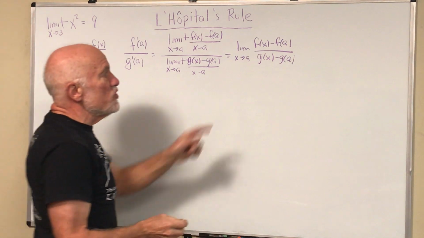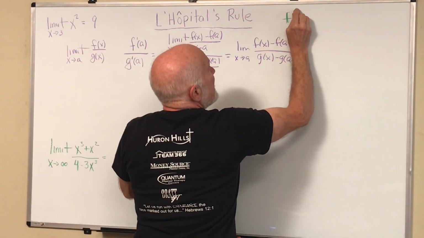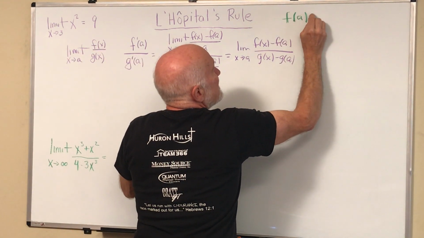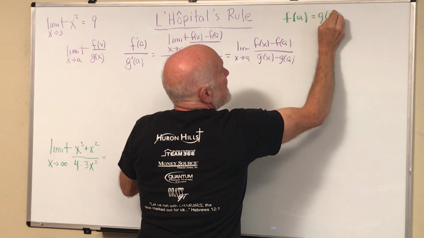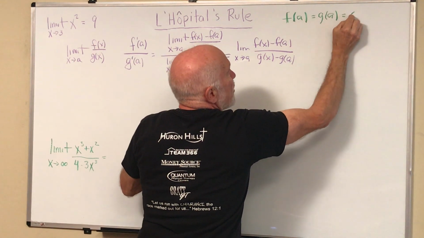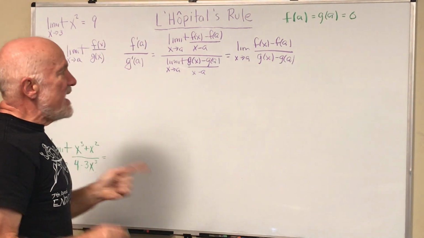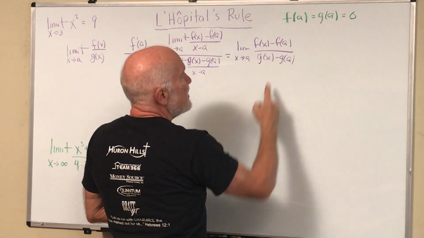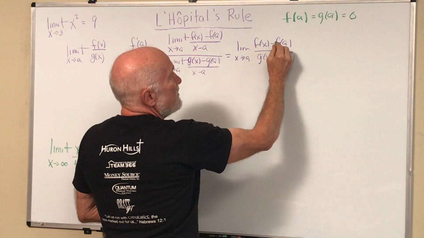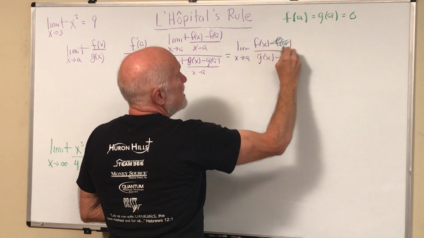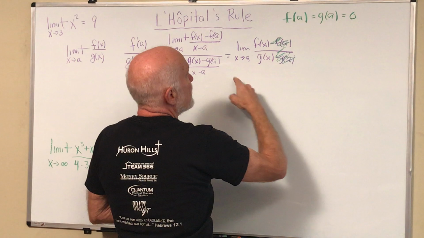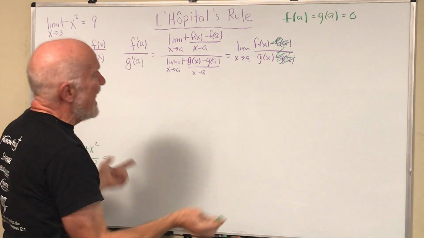We're going to assume that f of a and g of a are both equal to 0. So that's an assumption in this proof. If we make that assumption, then we can just cross f of a and g of a out, and we're left with what we've got.